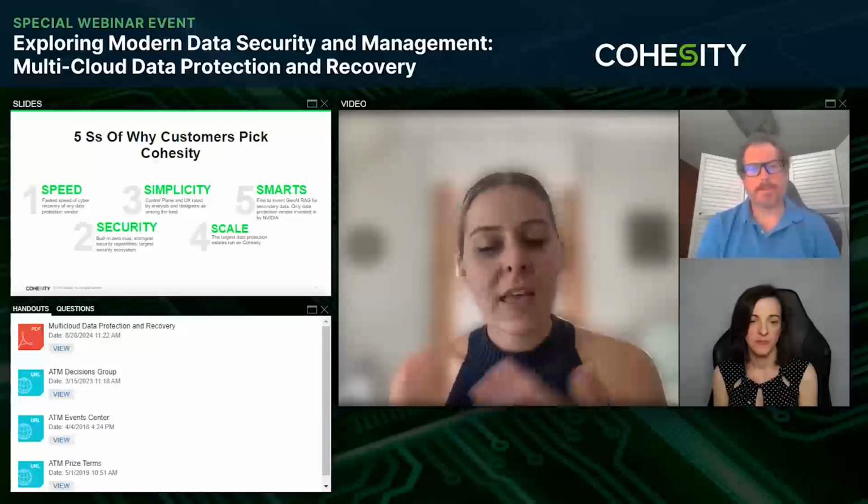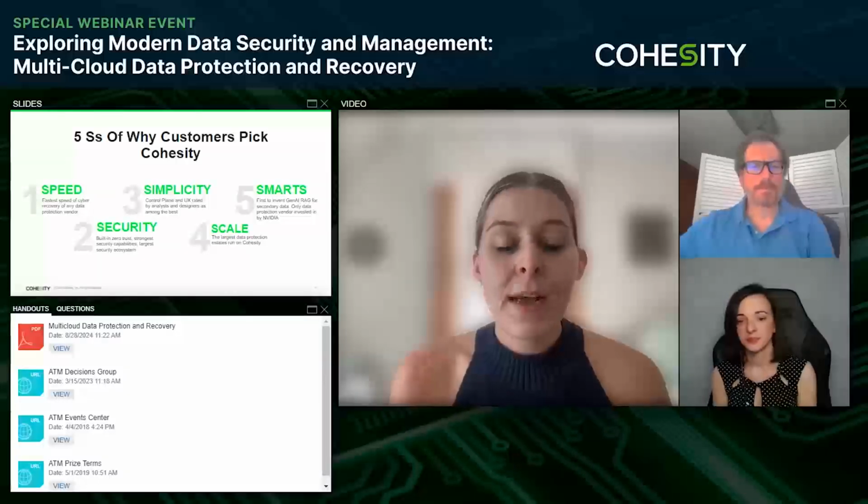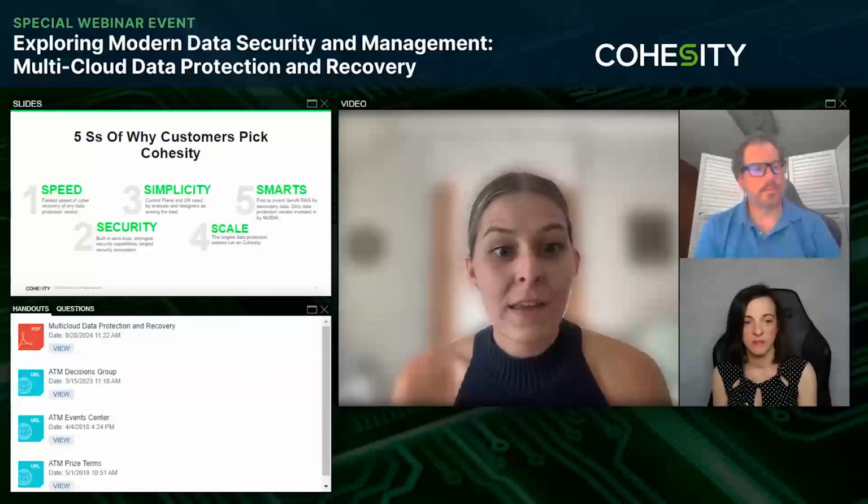As I said, you can't be offline for more than one day, and even 1 hour becomes a huge issue. So speed, security capabilities, which we'll talk a little more about in the next session. As I said, my favorite, simplicity. Our control plane and UX have been rated by analysts and designers among the best.